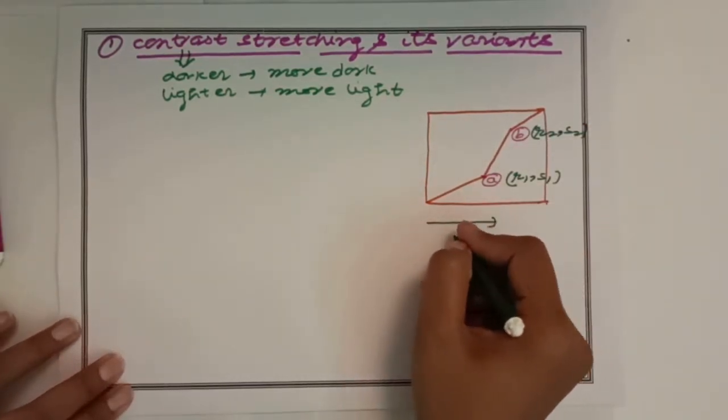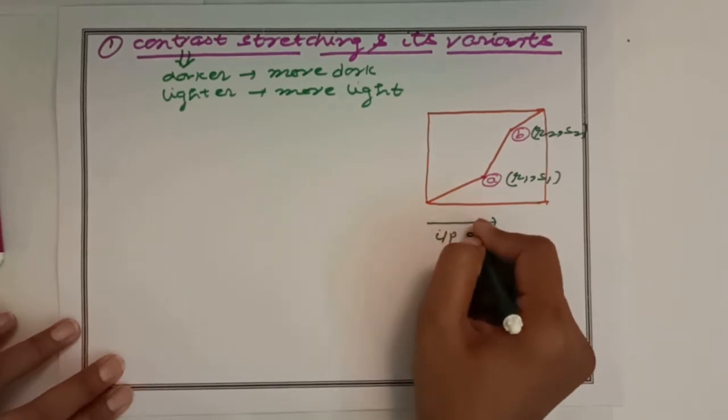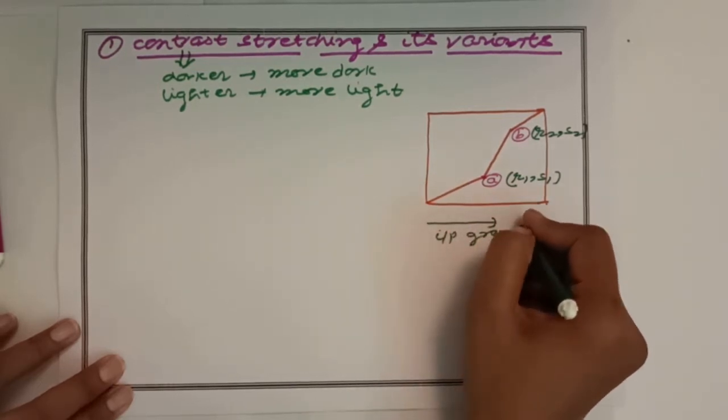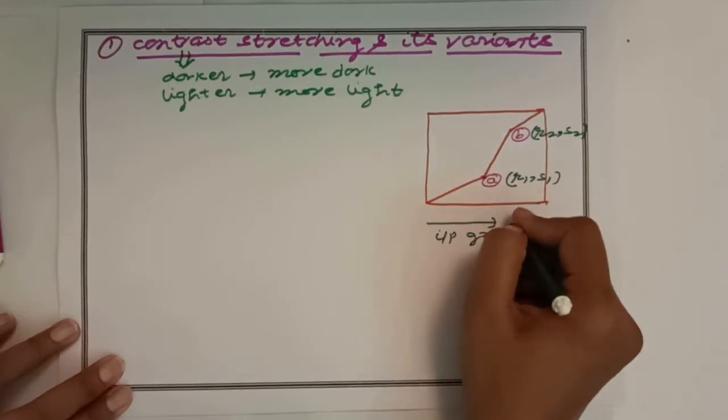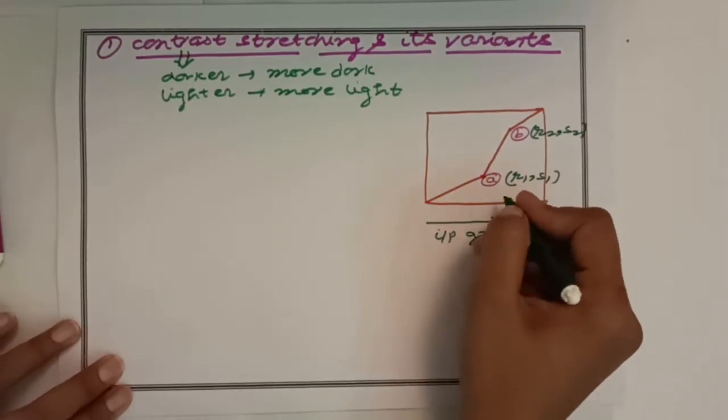On x-axis we have taken the input gray level represented by r.